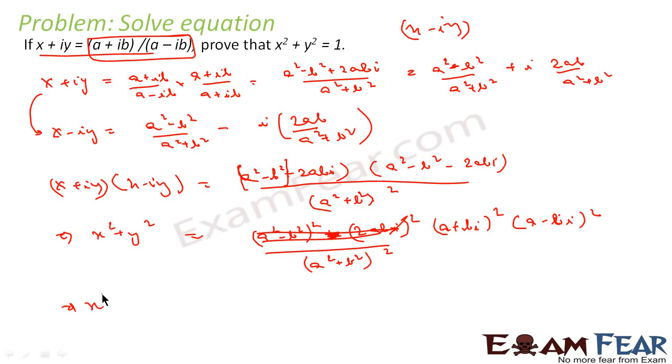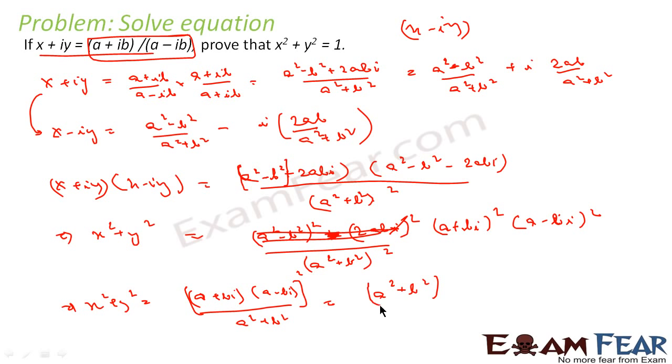Now we can say x square plus y square is equal to a plus bi into a minus bi, the whole square, by a square plus b square whole square. Now a plus bi into a minus bi is a square plus b square, so we get a square plus b square whole square by a square plus b square whole square, which is equal to 1, and that's it.